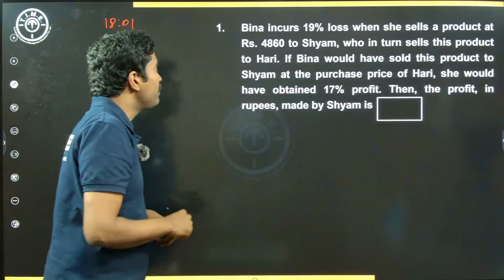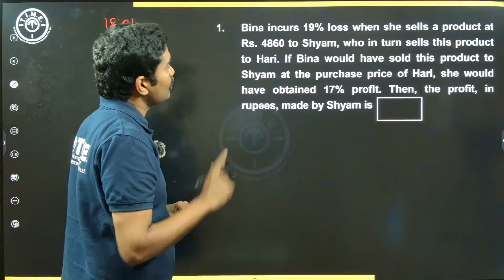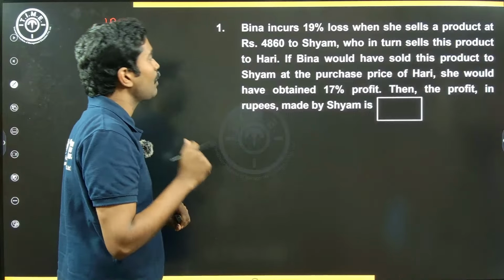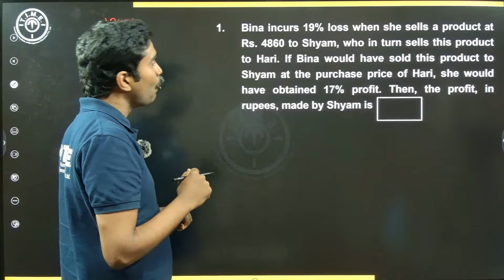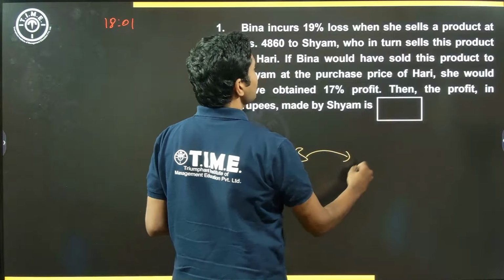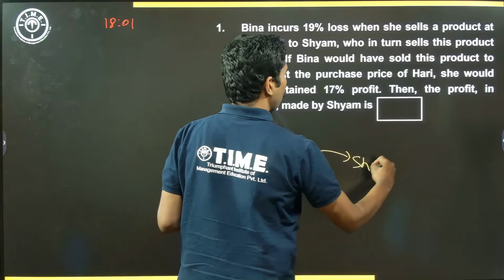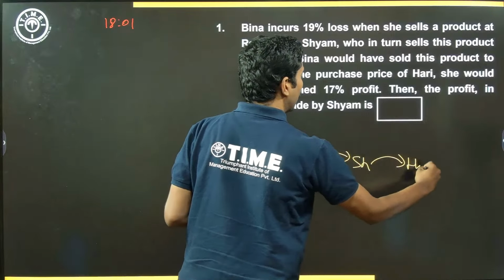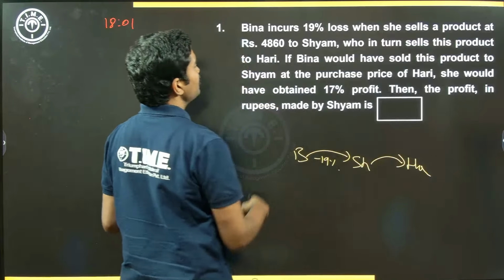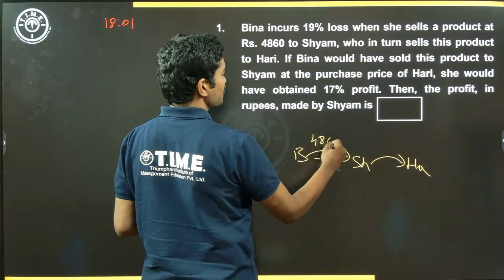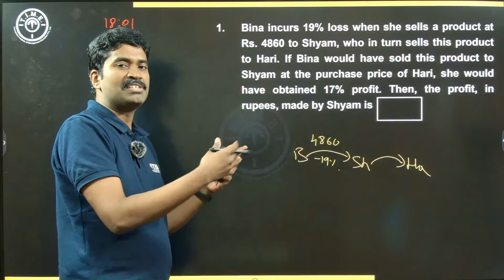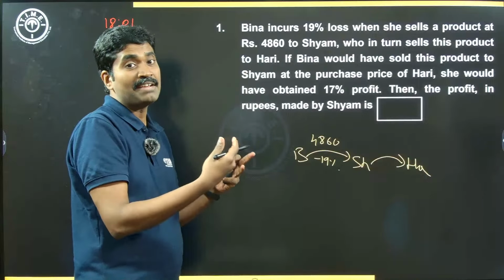Bina incurs a 19% loss, a question from percentage, profit and loss, when she sells a product at 4,860 to Sham, who in turn sells this product to Hari. She's selling at a 19% loss, which means instead of 100, she's selling at 81 rupees per 100.